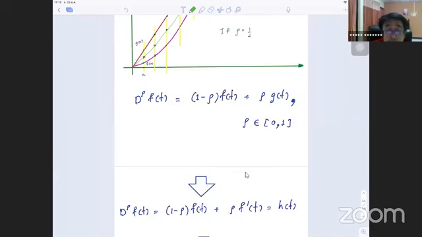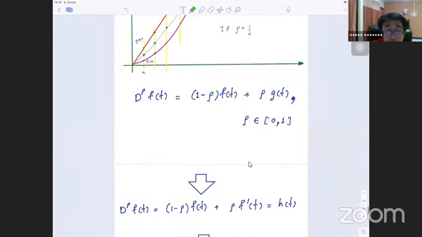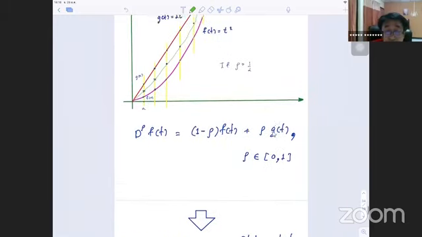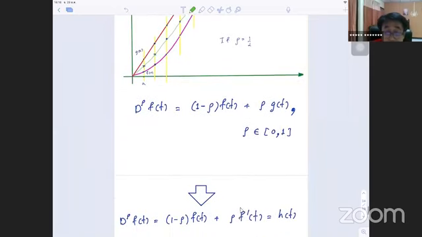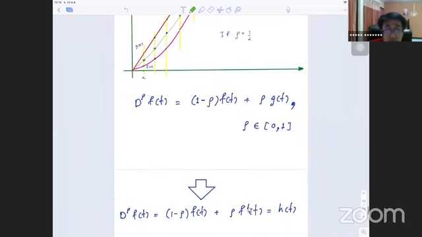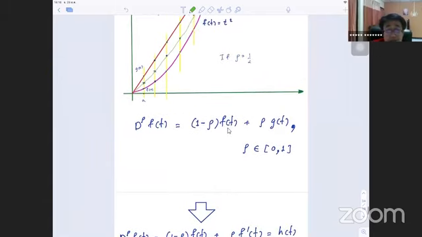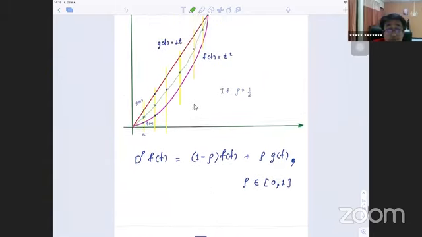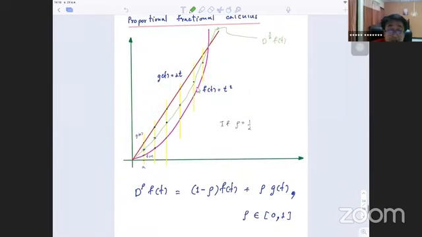And mathematicians replaced G by F prime. This is the graph between F and F prime. This F and this F prime.